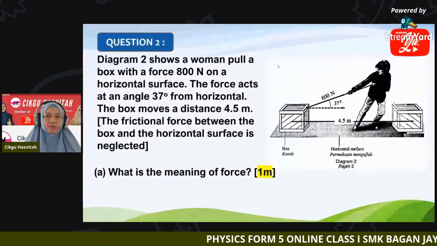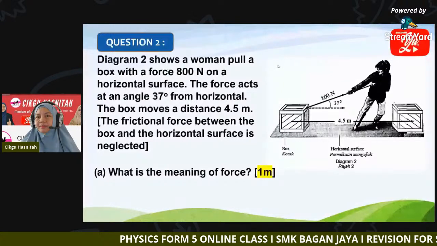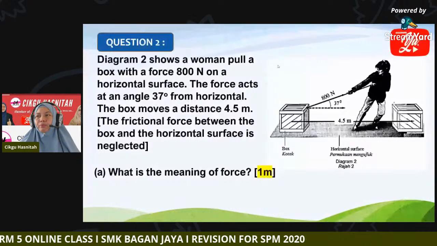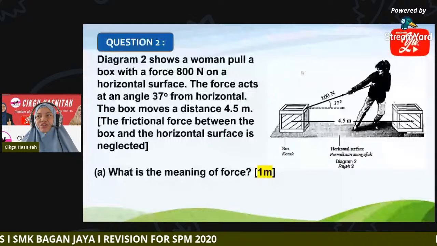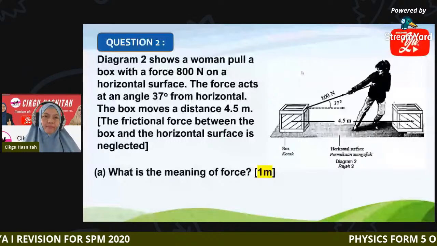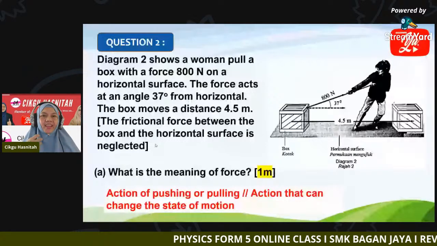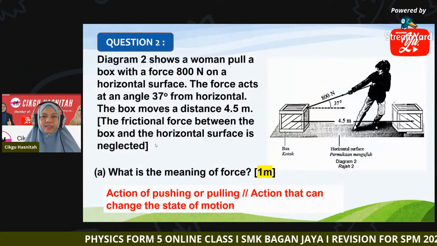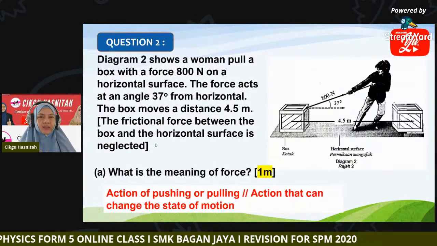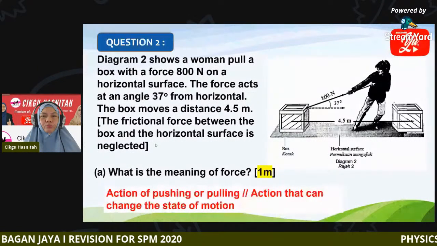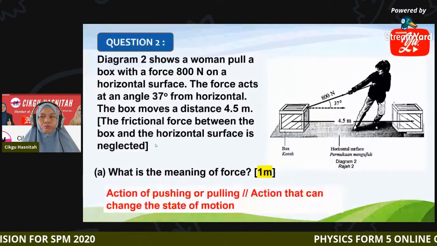Yes, very well. An act of push or pull. Action of pushing or pulling. Or any action that can change the state of motion is also considered a force. So the keyword is pushing or pulling.